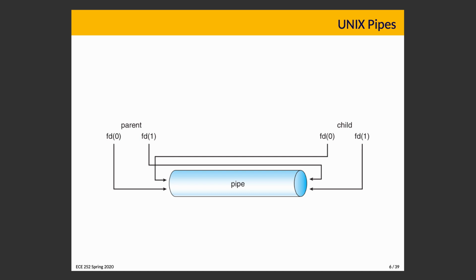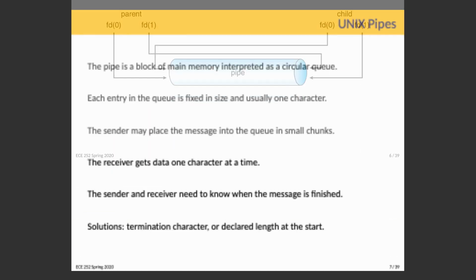When we have a pipe that is being shared between a parent and the child, we have our file descriptors 0 and file descriptors 1, referring to the ends of the pipe, and the parent and the child each incidentally have each of those. We'll have to choose who does the talking and who does the listening. If your parents are strict parents, then you know it is the parent that does the talking and the child that does the listening. But in any case, it's our decision of how it's implemented in our program.